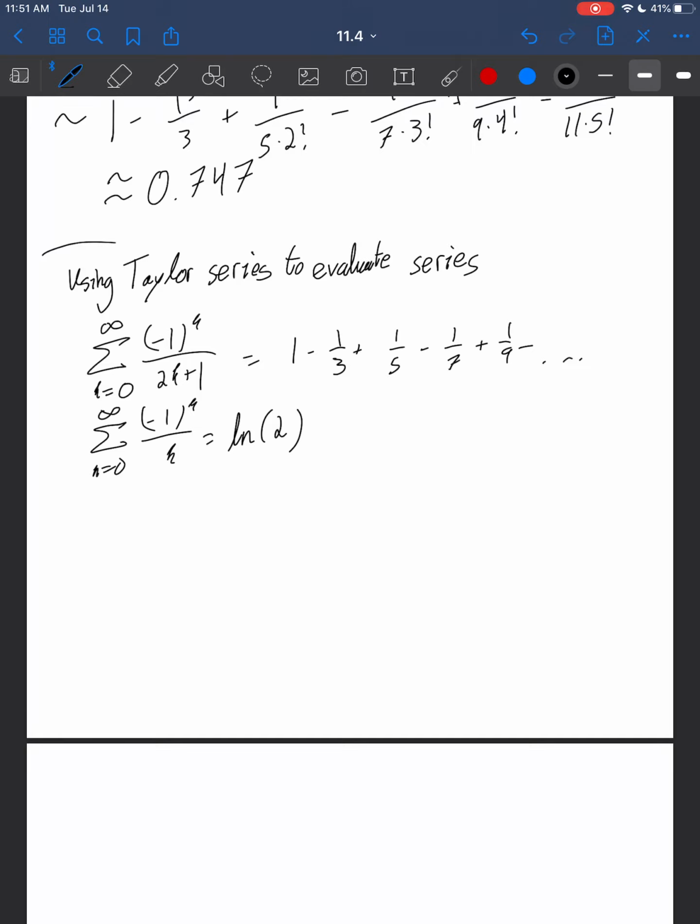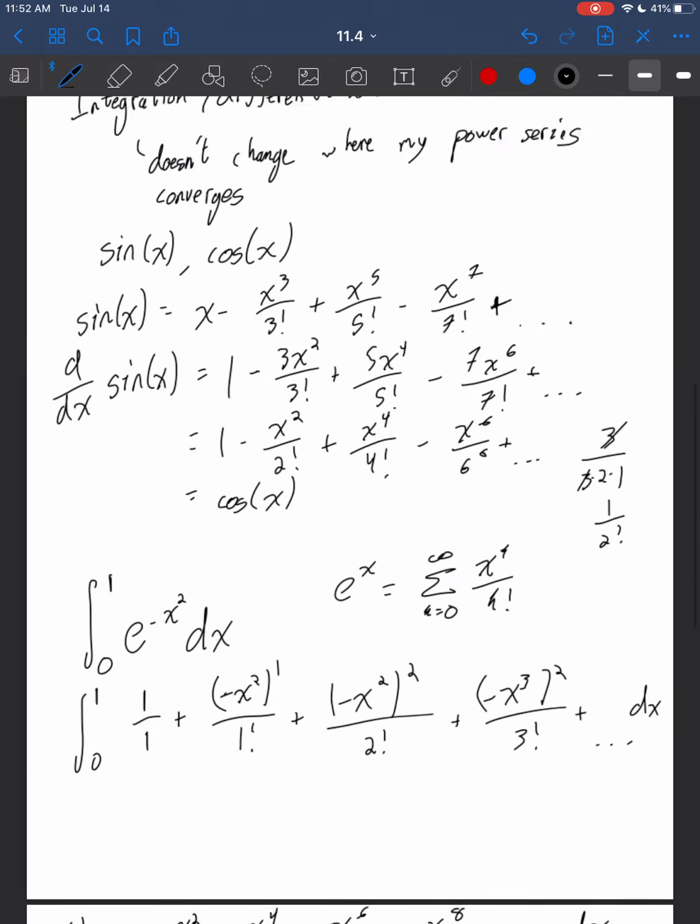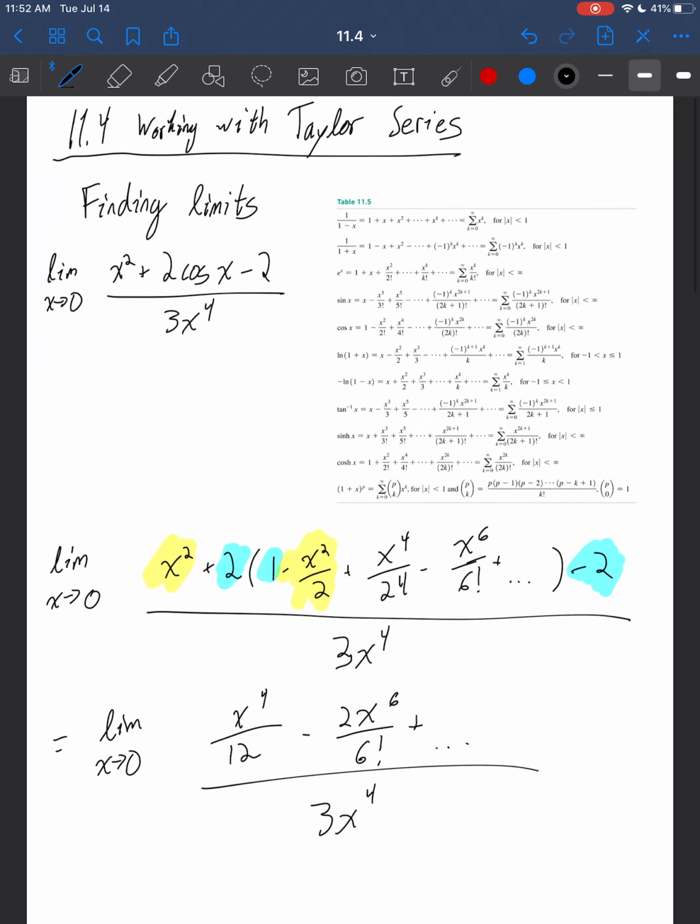So the part of this question that I hid that I will talk about now is using the Taylor series for f of x equals tan inverse of x. Okay, so the Taylor series for tan inverse of x is, if we come up here to our list, negative 1 to the k, x to the 2k plus 1 over 2k plus 1.